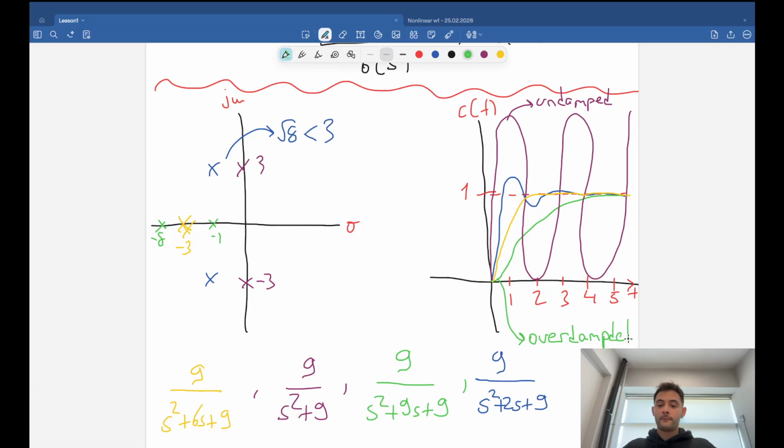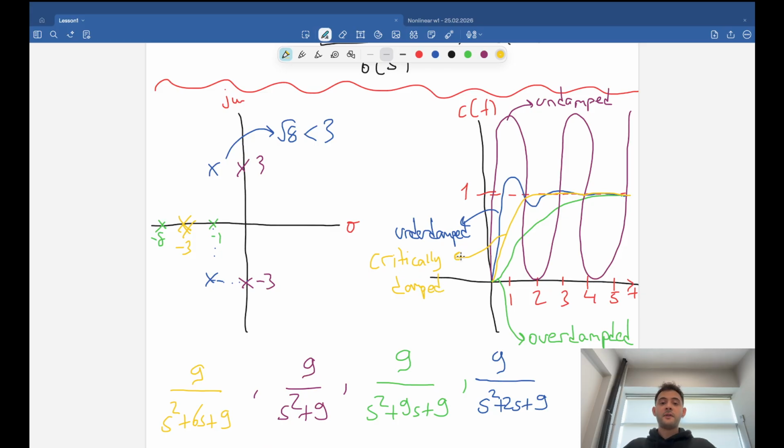And if you have poles which have both real parts and imaginary parts, like the dark blue one, you will have a response called underdamped response. And lastly, if you have two poles at the exact same location, like minus 3 here, we name it critically damped.